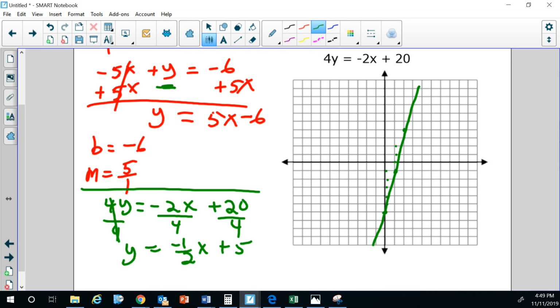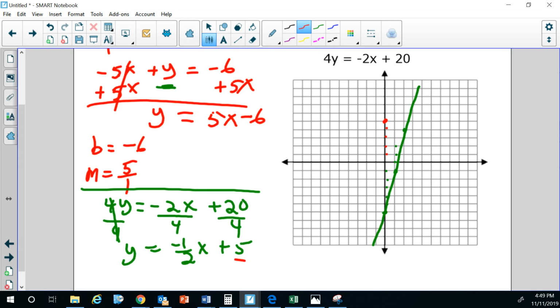All right, so let me use a different color. My starting point here is going to be 5, and my slope is going to be negative 1/2. So my rise, because it's negative 1, I'm going to go down, and run 2 to the right. So let's go with 5: 1, 2, 3, 4, 5.